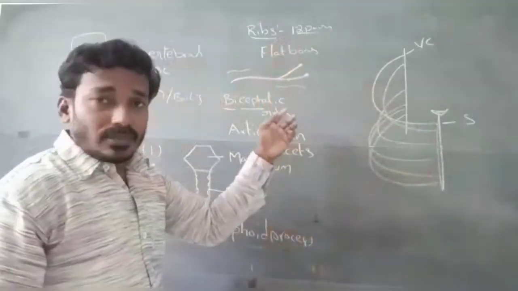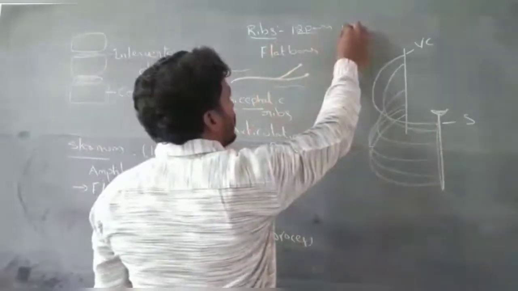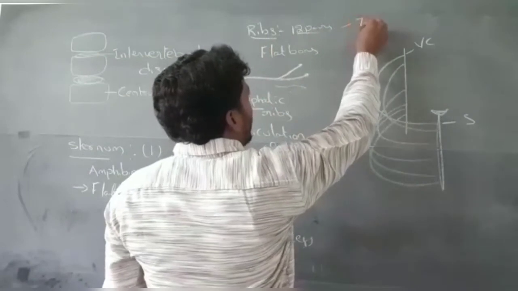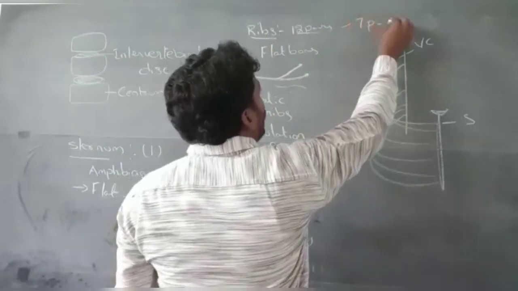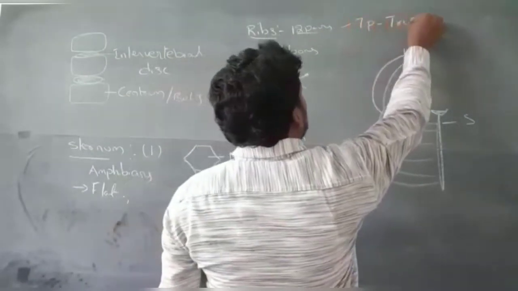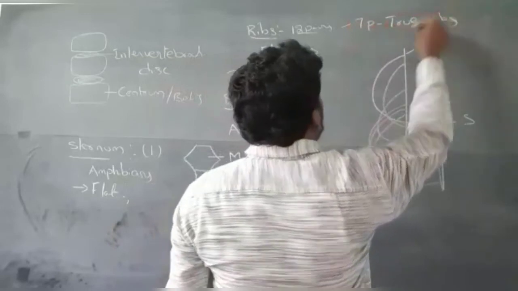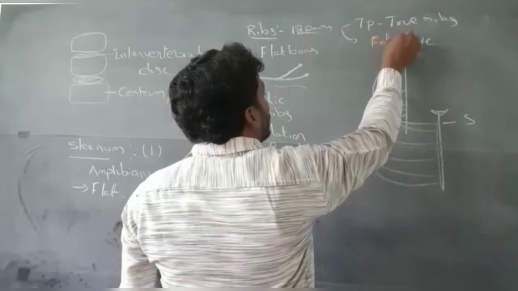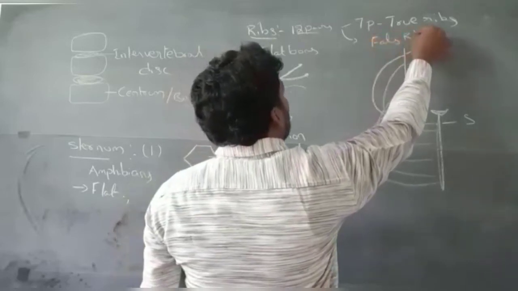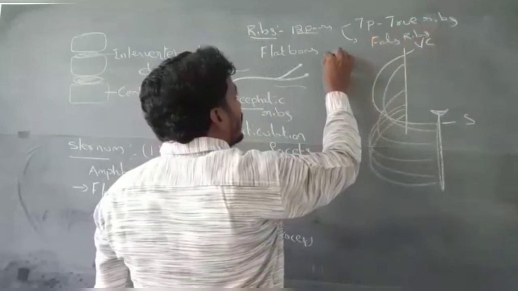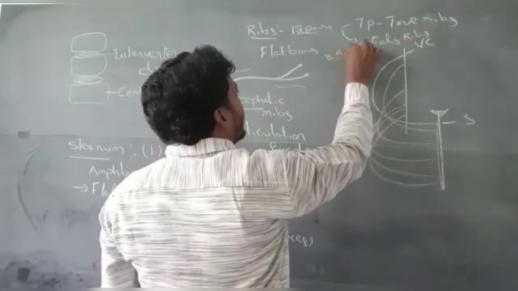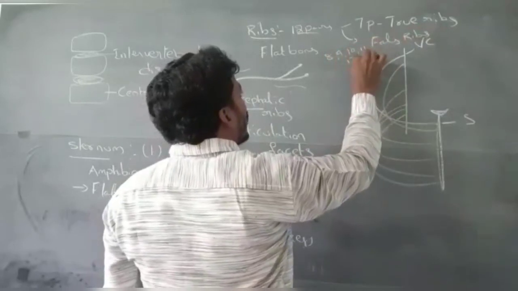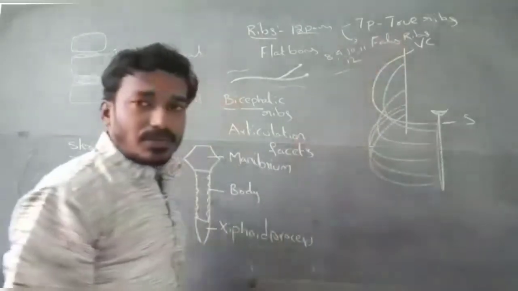Among the 12 pairs of ribs, the first 7 pairs are true ribs. Remaining ribs are false ribs. The 8, 9, 10, 11 and 12 pairs of ribs are false ribs.